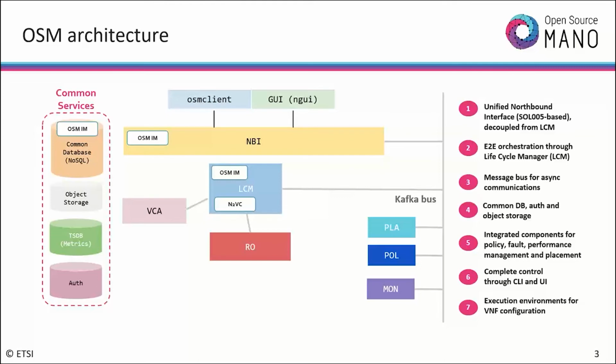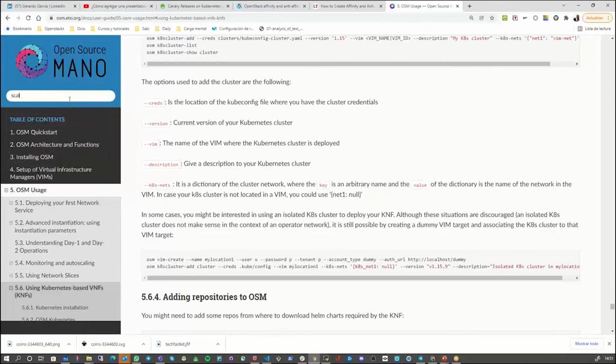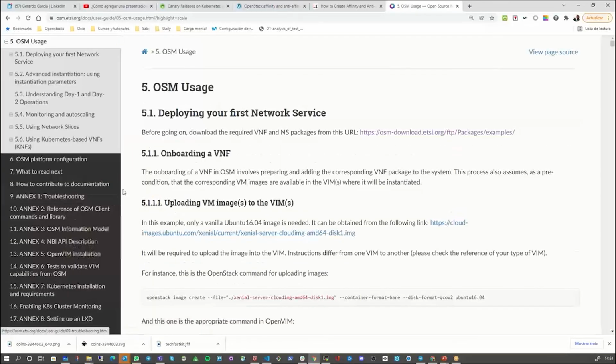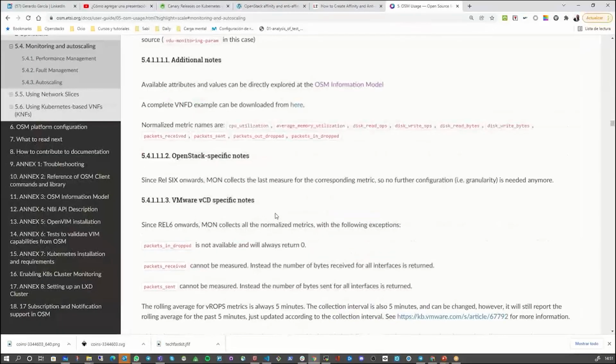It's too complex, Vyacheslav, to explain, but what I would suggest is that you do a scale operation, okay, following the guidelines here. Let me check here: the scale, OSM usage, the VDU to be scaled, monitoring and auto-scaling, VIM metrics.